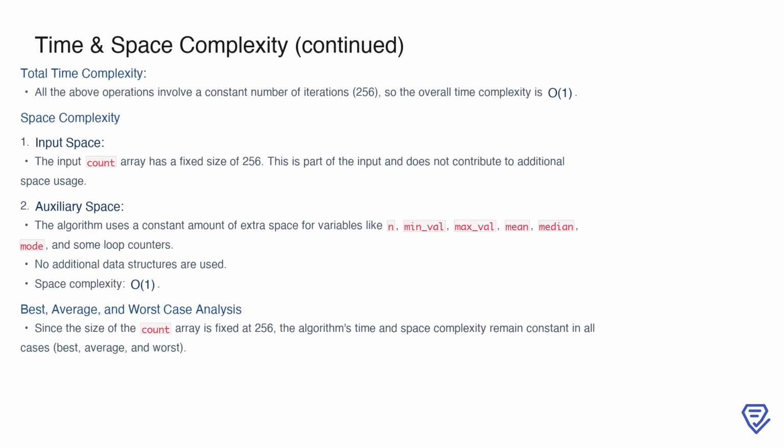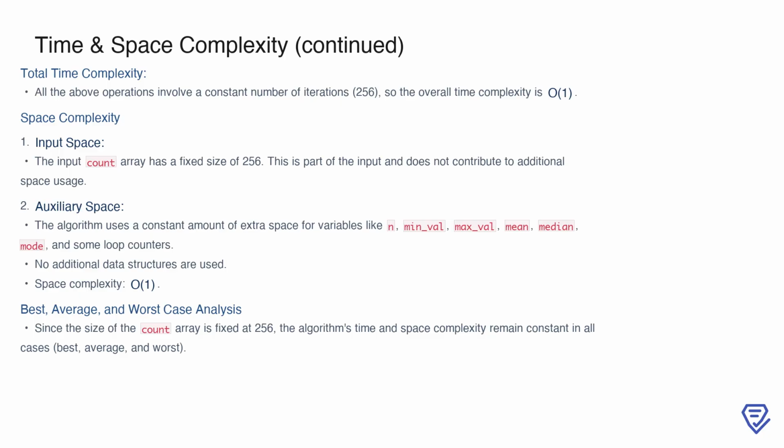When we consider all these individual operations together, the total time complexity of the solution remains O(1). Each operation, whether it's calculating n, finding min_val or max_val, or calculating statistical measures like the mean, median, and mode, is bounded by a constant number of iterations due to the fixed size of the count array. Now, looking at space complexity, the input count array is part of the input data itself and does not contribute to additional space usage.